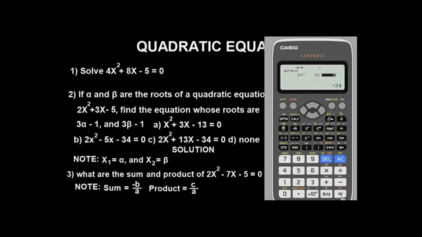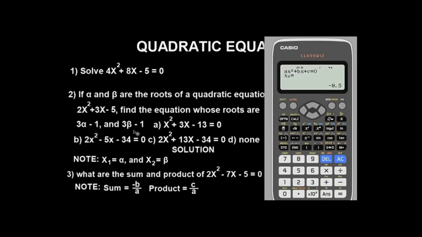Remember, anyone that gives us 2 and minus 8.5 as the roots will be the answer. So let's press equal to now and see what this one gives us. S1 is what? 2. Okay, let's check S2, what it will give us. Minus 17.5, confirm, minus 8.5. Okay, guys, our answer is what? Option C, because it is the option that gave us the roots of what we had here, 2 and what?